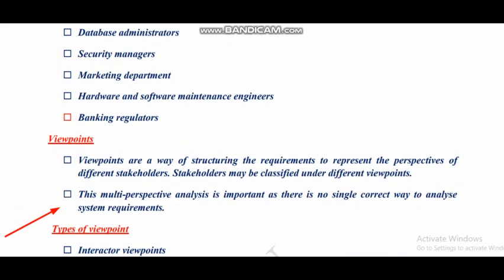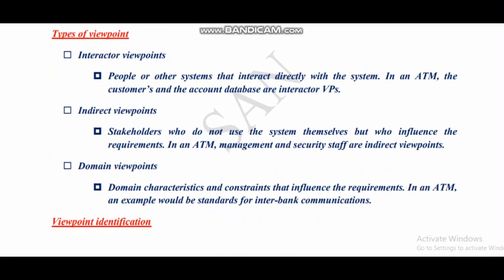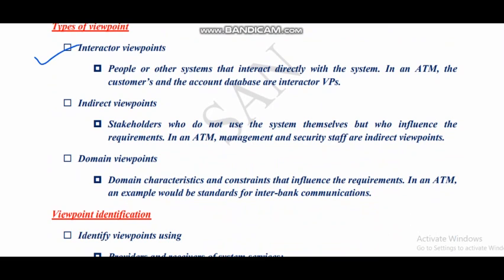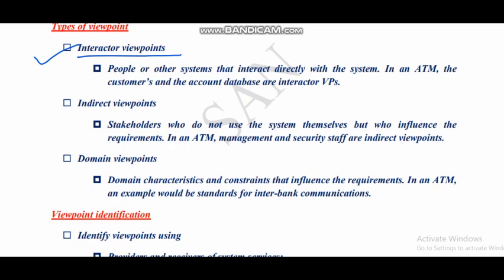Each of the customers will have different types of views, isn't it? Views are nothing but what? Each of these customers will give you different kinds of views. Those views may be under interactor viewpoints. It means people or other systems that interact directly with the system.